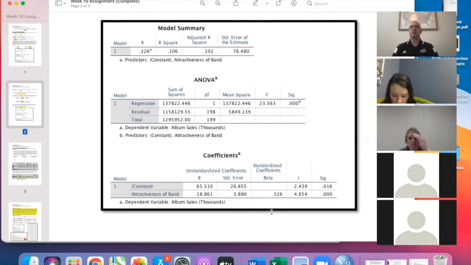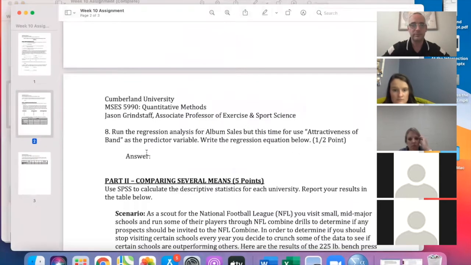So for this question, how are we going to write this formula? What's our outcome variable? What are we trying to predict? What's our dependent variable for number 8?